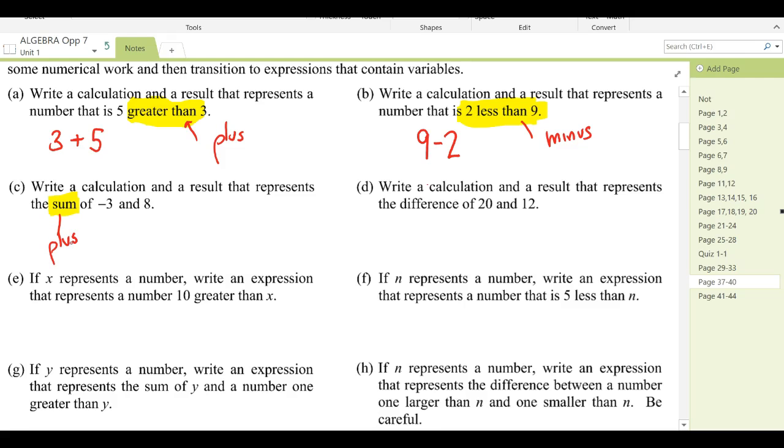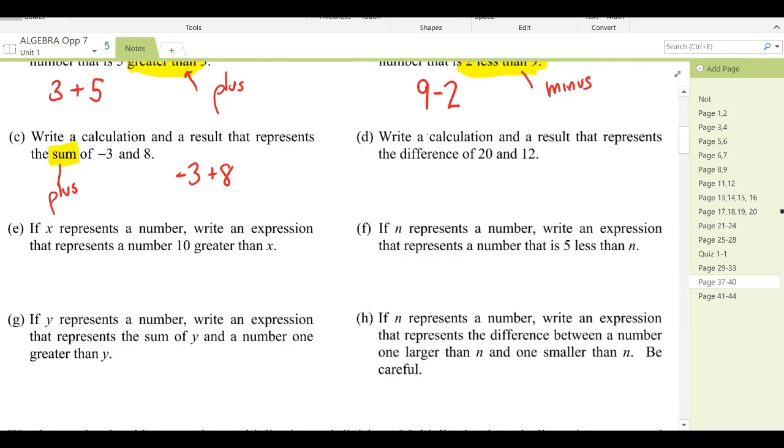So negative 3 plus 8. I can do negative 3 plus 8. Negative 3 plus 8 is 5.